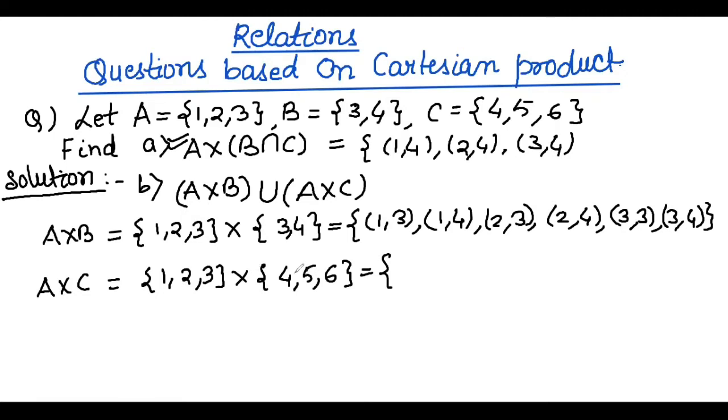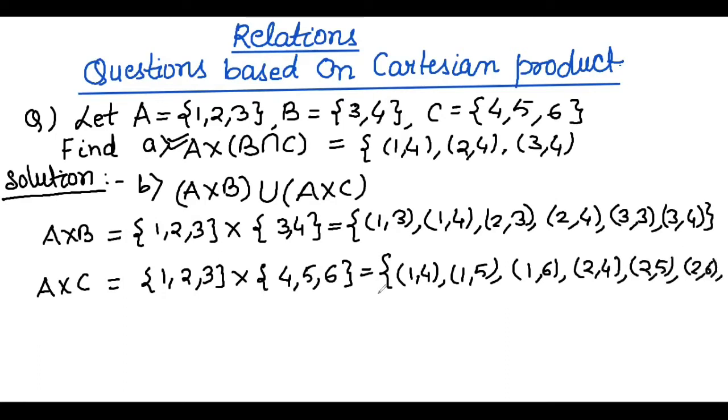So finally we can get 9 elements when we find the Cartesian product of A and C. So here we will get 1, 4, then 1, 5, 1, 6, then 2, 4, 2, 5, 2, 6, 3, 4, 3, 5, 3, 6. The total 9 elements we have.